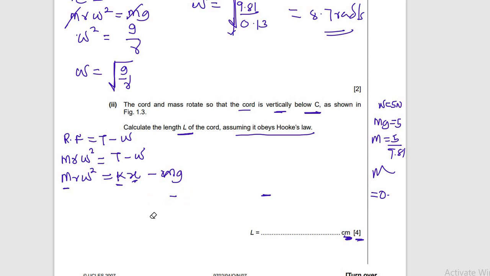Let's interpret it again. From here, what's the mass? The mass is 5 over 9.81, since we are given the weight as 5 Newton. That will give us 0.5097. What's the radius?